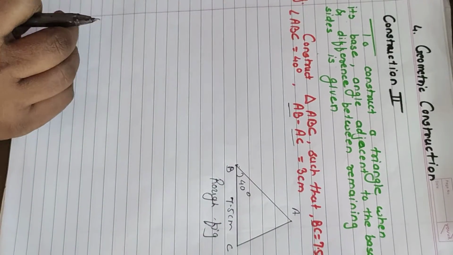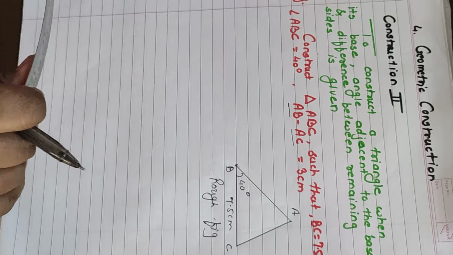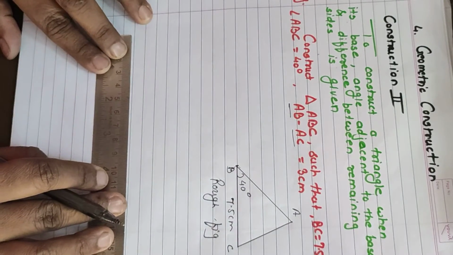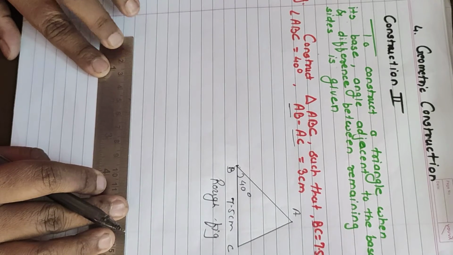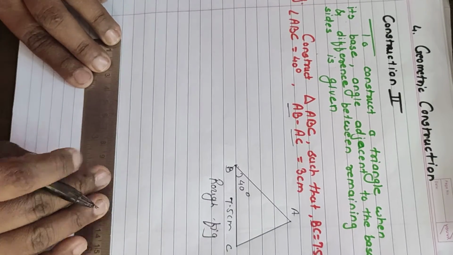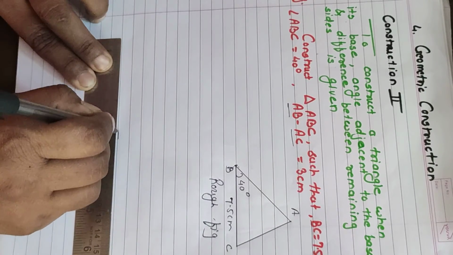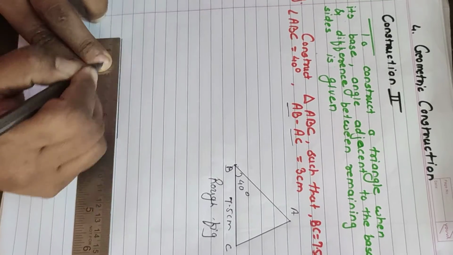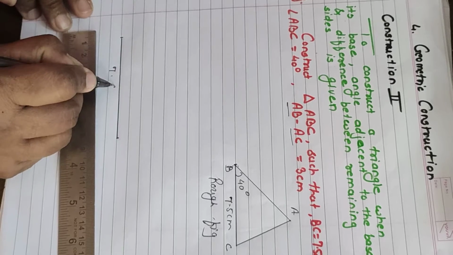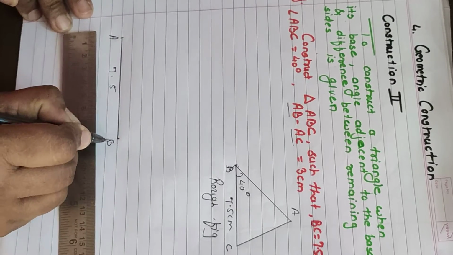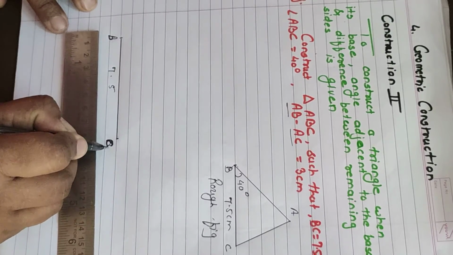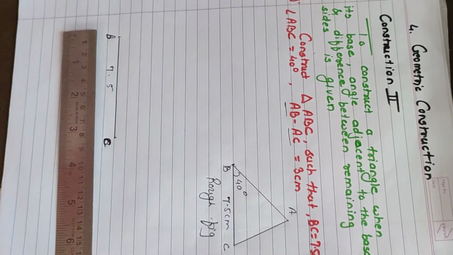So now we will start to do the construction. First of all we have to draw the base, and base is BC, which is equal to 7.5. So this is the 7.5 segment. This is B, and this one is C. BC is equal to 7.5.